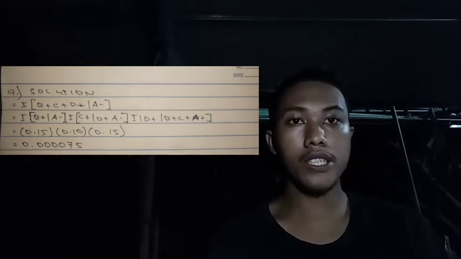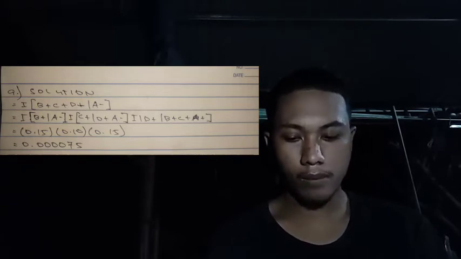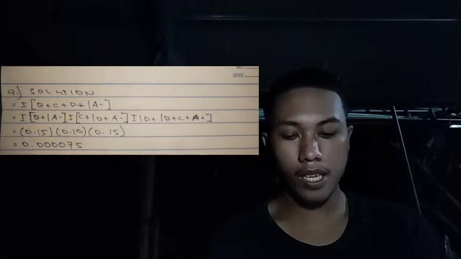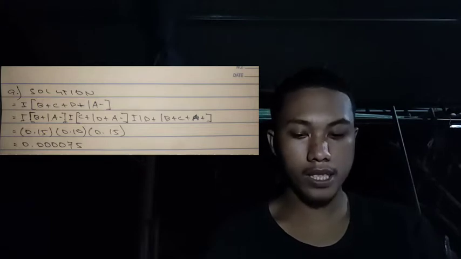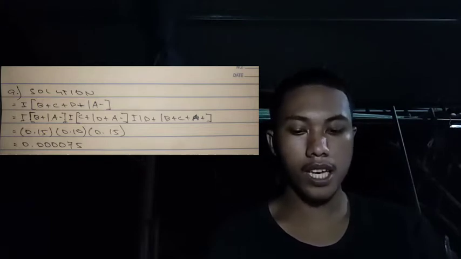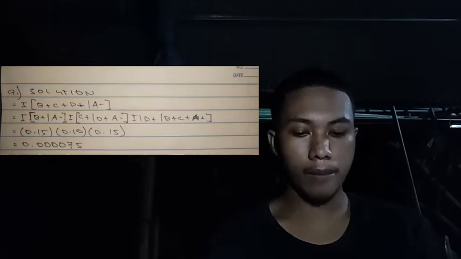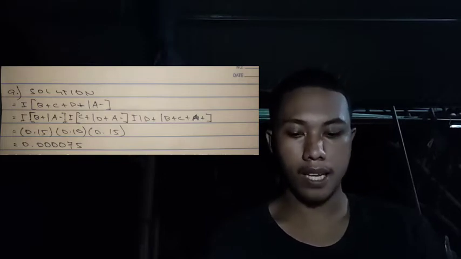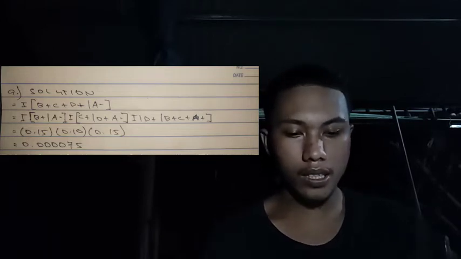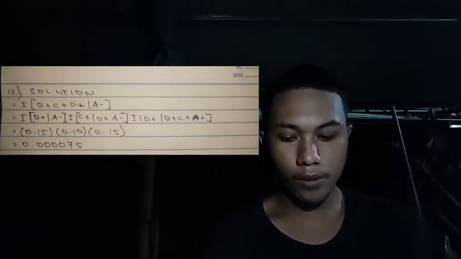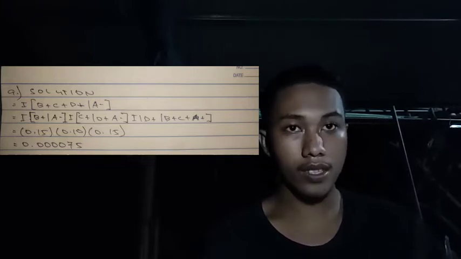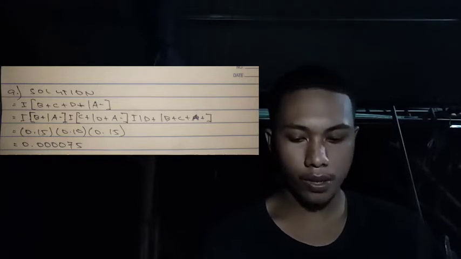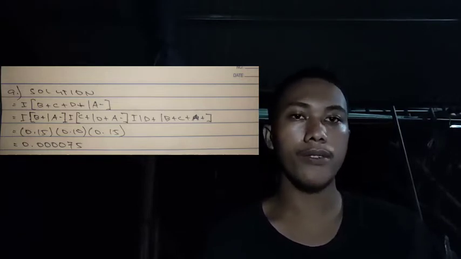Upon expanding this solution, it becomes P times B plus times A minus, times P times C plus times A minus, times P times D plus, B plus, C plus, and A plus. So guys, upon getting this, the answer of this question is 0.15 times 0.10 times 0.15. So the final answer of this question is 0.000075.